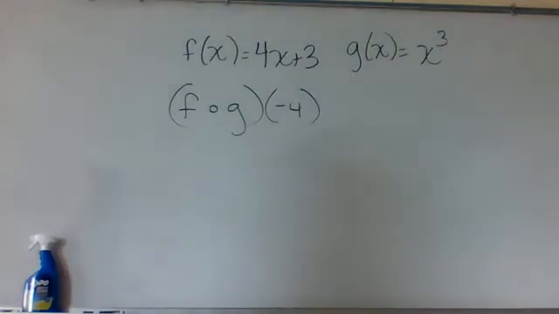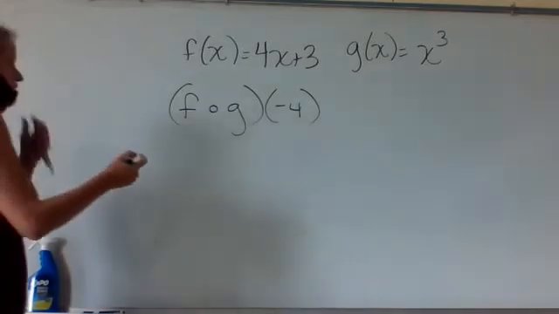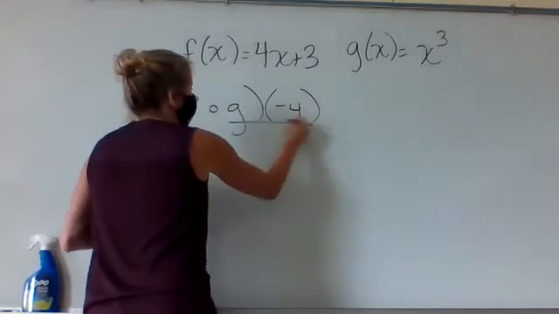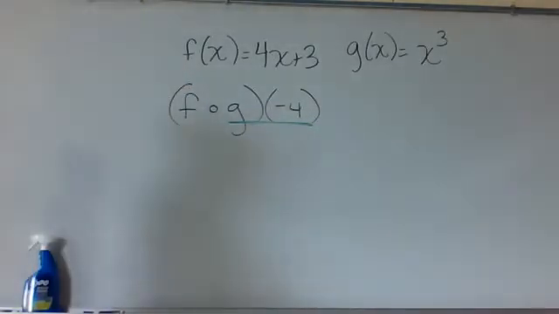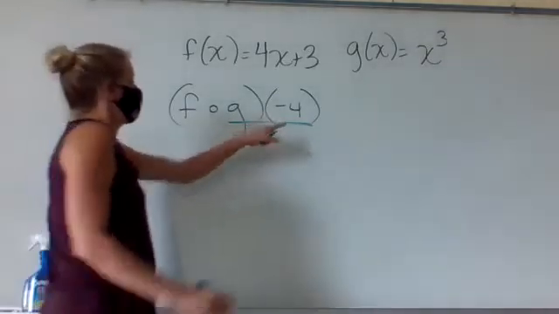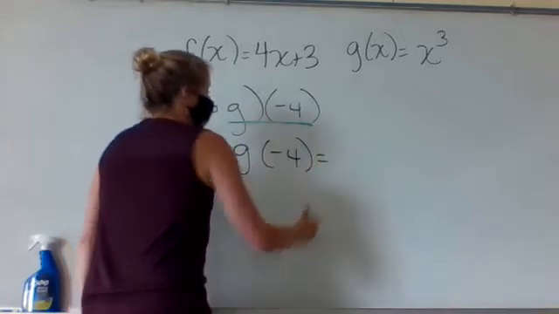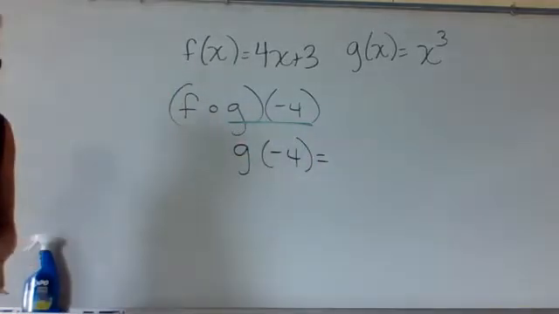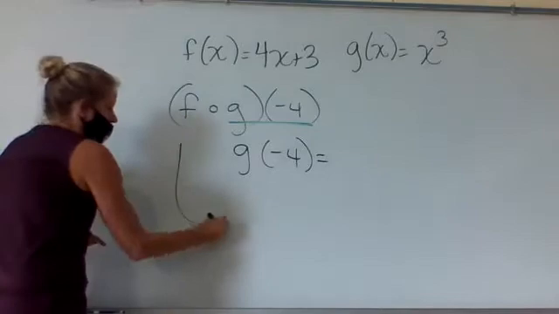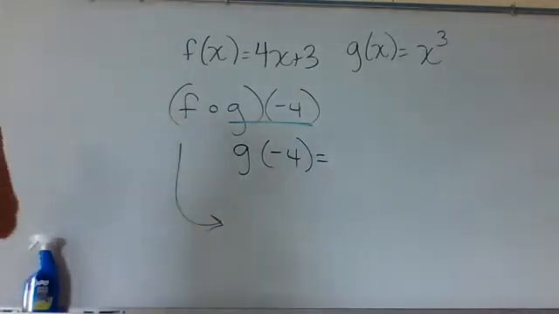When you're finding the composition of two functions, you always start with the inside. So I'm finding this part first. So g of negative 4. Once I get that solution, I'm going to find f of whatever that solution is.